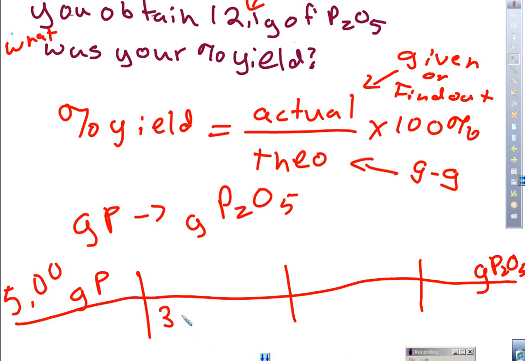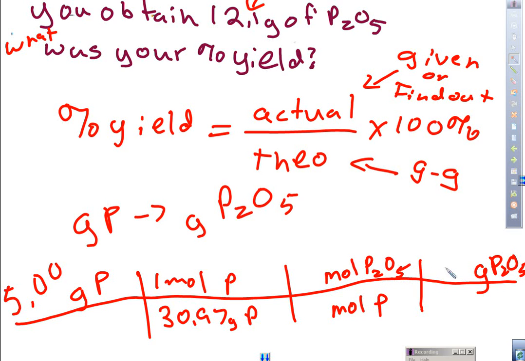Okay, so we put the molar mass, which is 30.97 grams of phosphorus. What do we put on top? 1 mole of phosphorus. Now, what do we put down here, generally? Mole of what? Phosphorus. And then what do we put on top? Of diphosphorus pentoxide. All right, now what do we put for the numbers right there?